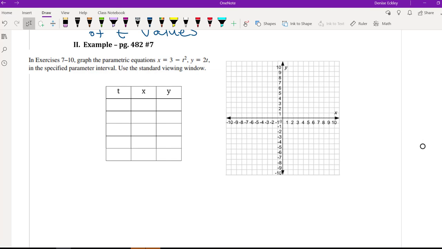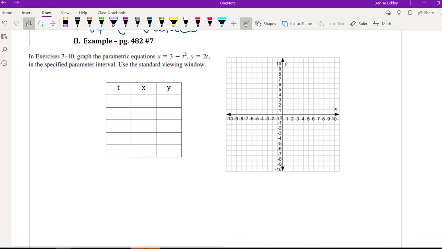For number 7, they want us to use t values between 0 and 10.